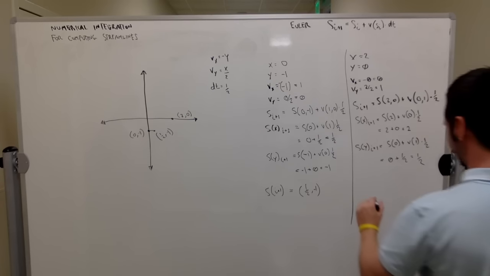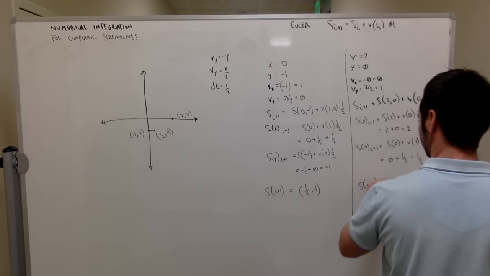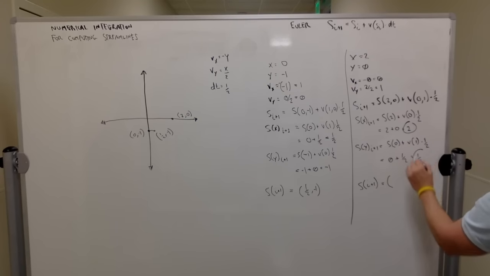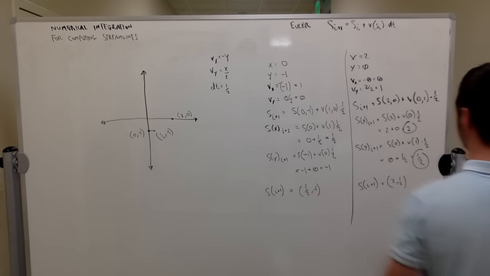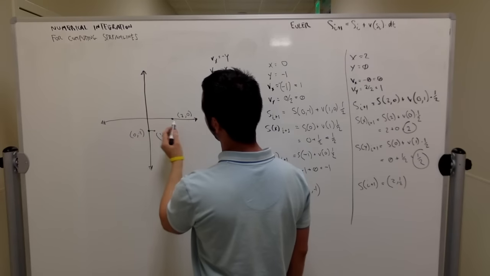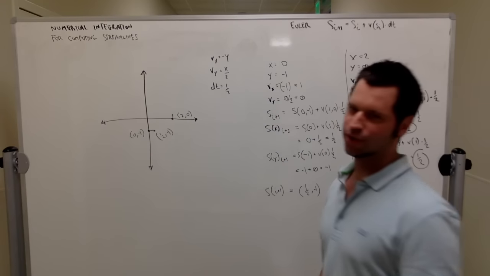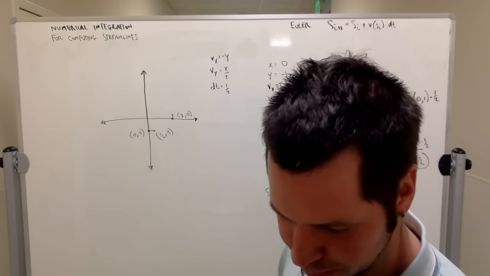So that means the next point on the streamline, S(i+1), equals the two components, 2 and 1/2. Where is that? It's over 2 units and up 1/2 of a unit, so it's right there. So that's the first sort of edge on our streamline.